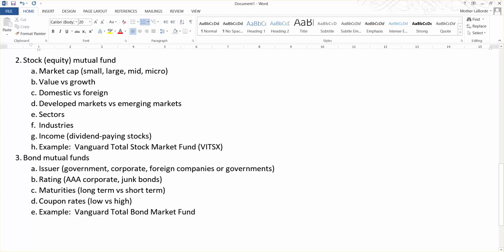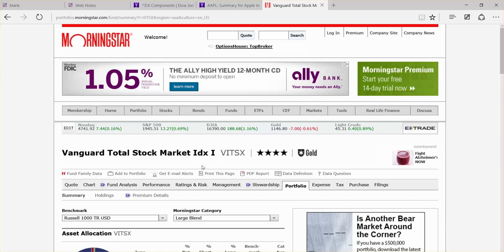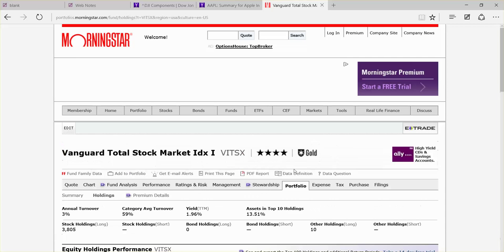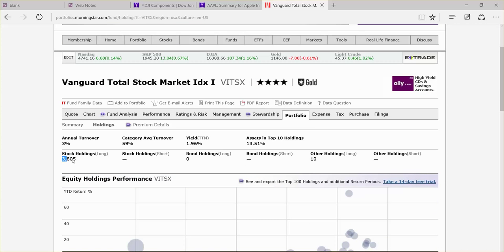So I want to take a look at that. But actually, before I leave the total stock market fund, there was one thing I wanted to show you and I forgot. I'm under the portfolio tab and I've clicked through to holdings, because look at this. This one fund, if you were to buy shares in it, which you could do with only $3,000, gives you a diversified stock portfolio that owns 3,805 stocks.